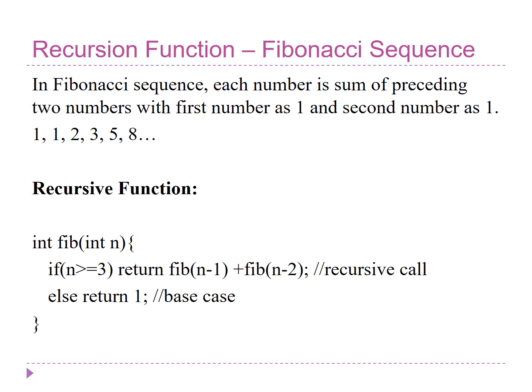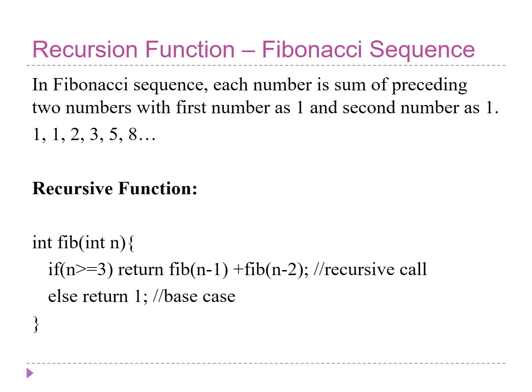The C++ Fibonacci generation function is given here as fib, which receives the input n as an integer. When the n value is greater than or equal to 3, the recursive function does the recursive call with n minus 1 and n minus 2 values.